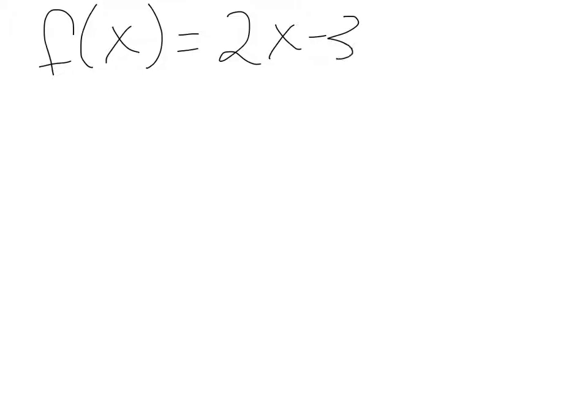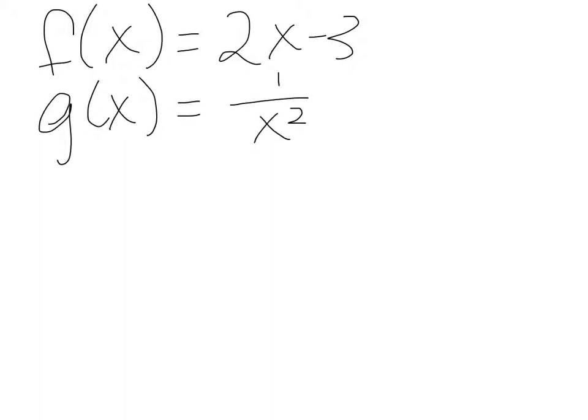Say you had a function f of x equals 2x minus 3, and a function g of x equals 1 over x squared. And you were told to find f minus g of x.